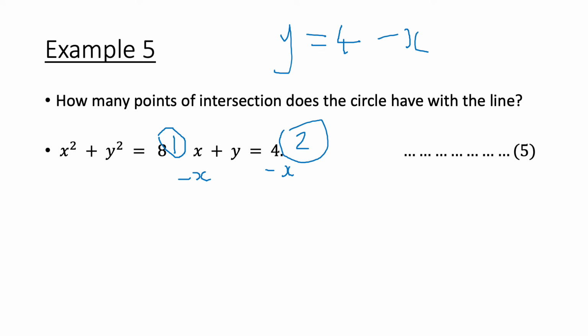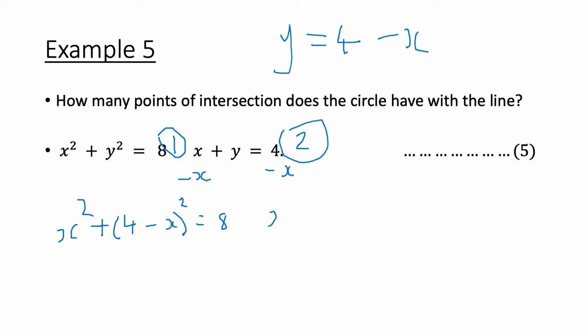I'm now going to substitute 4 minus x into equation 1, and form an equation for x, or form a quadratic, I should say, for x, and then solve it, guys. Is equal to 8. Okay, right, guys.